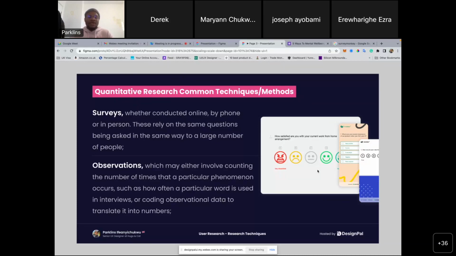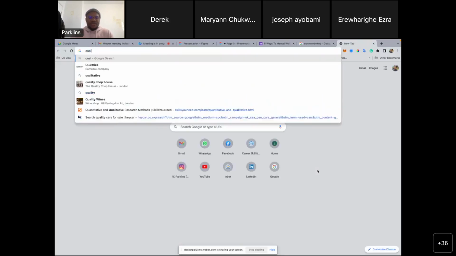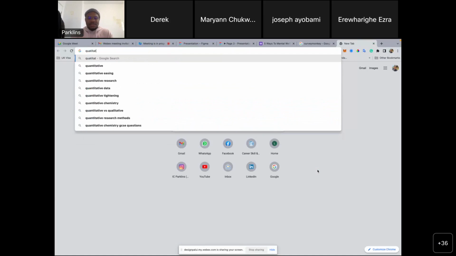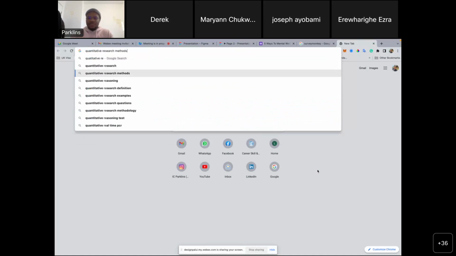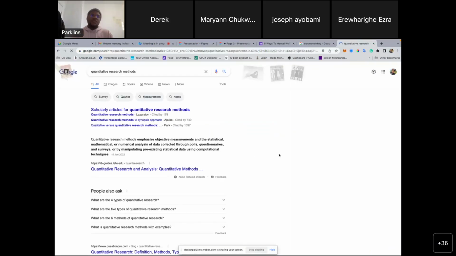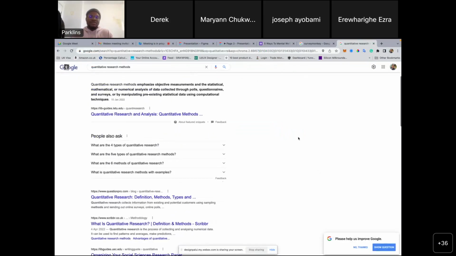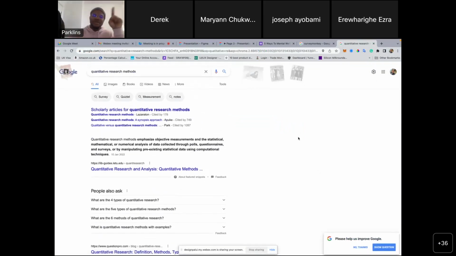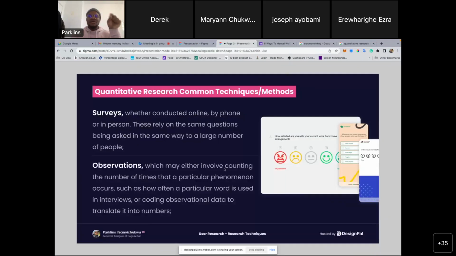But there are a lot more, right? You can find out more by doing a Google search for quantitative research techniques or quantitative research methods. I'll leave you guys to do your research and learn more about all of these things, because one of the most important things in your career as a UX designer is that you marry the act of doing research.